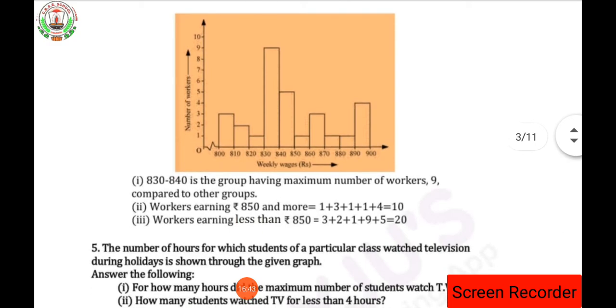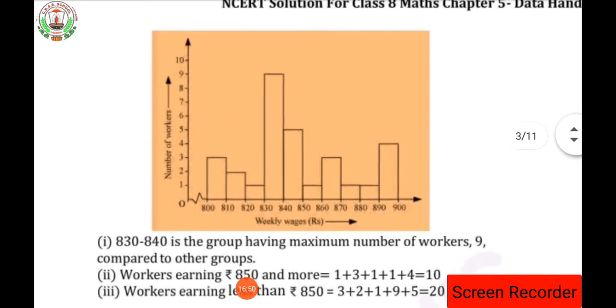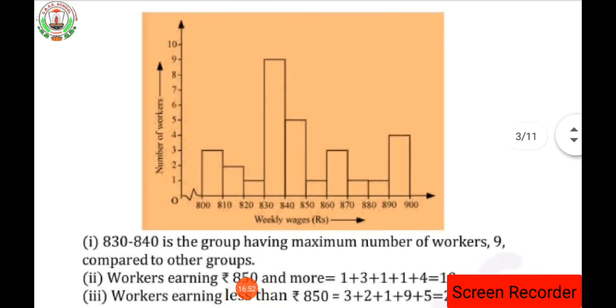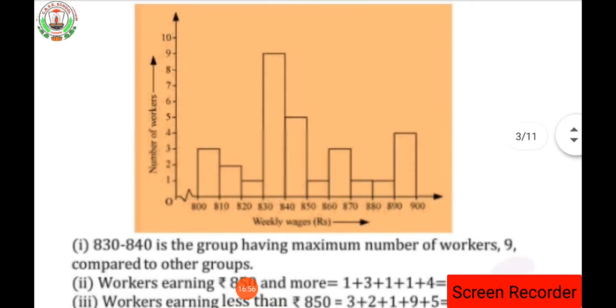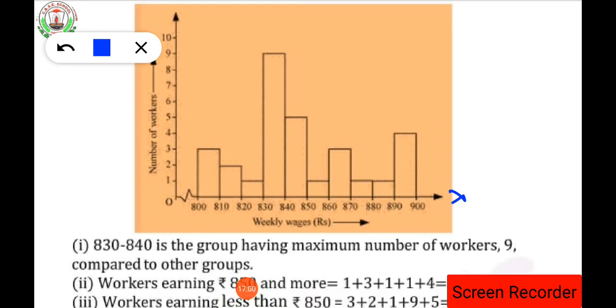So let's see, students. Since it is asked to draw the bar graph, histogram, isn't it? So look, you have to draw this on bar graph paper. Using the graph paper, you have to draw a histogram. You have to mark the x-axis here, okay, and the y-axis here.